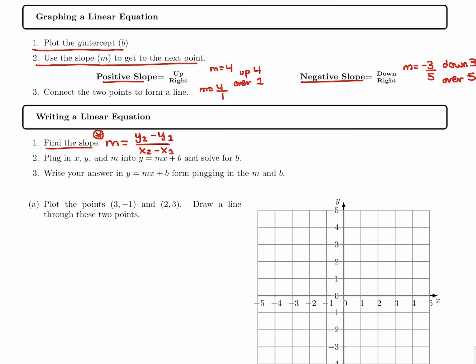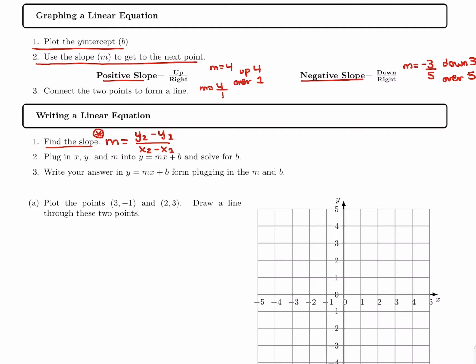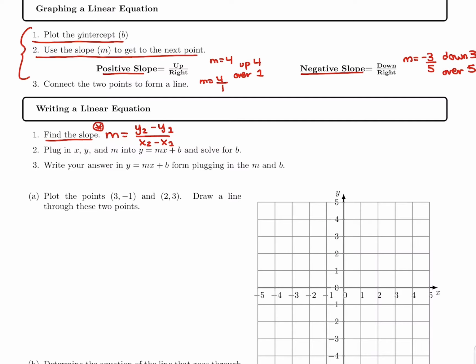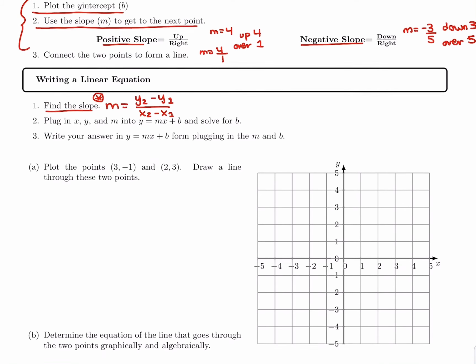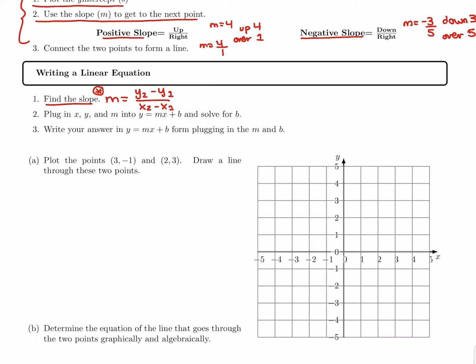So starting with graphing a linear equation, we're going to follow these steps right here, and we're going to look at these points. We're not given a y-intercept, so instead we're just going to plot these 2 points. My first point is 3, -1. So there's my x1, y1.